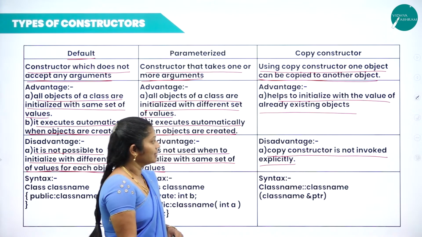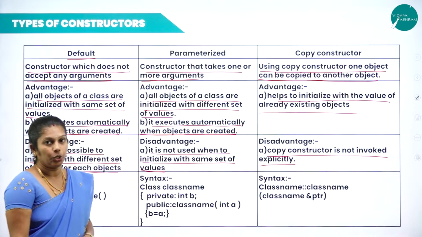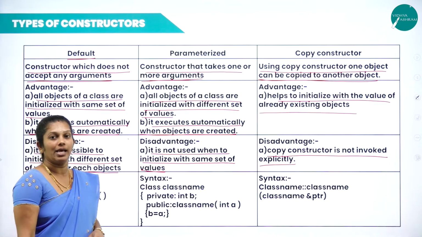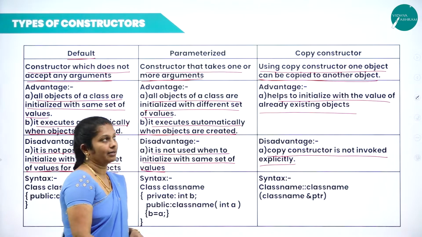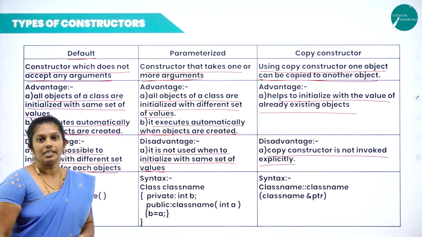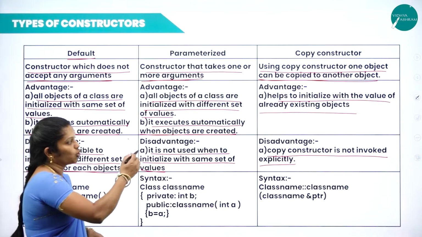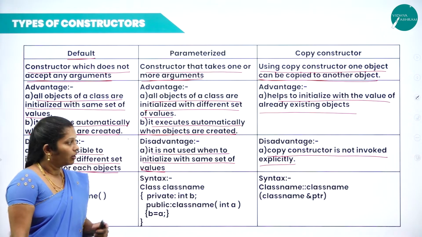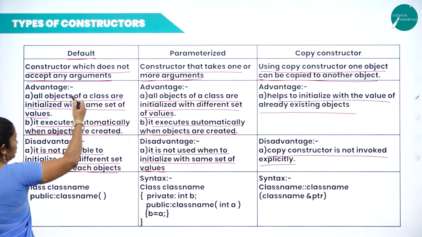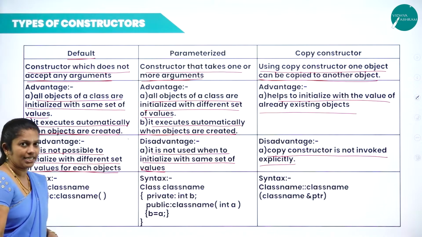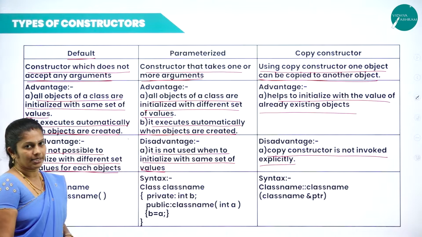Whereas parameterized constructor can be executed implicitly, explicitly, as well as by initialization at the time of declaration. By that, in 3 patterns, we can execute this parameterized constructor, whereas copy constructor cannot be called explicitly. Now you came to know the definition, advantage, disadvantages for all the 3 types of constructor.